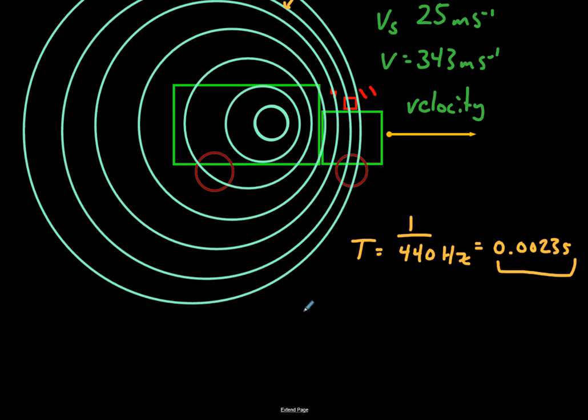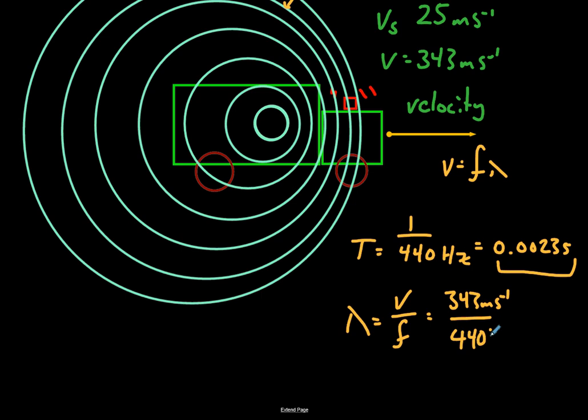So my wavelength then. If we know V equals F lambda, my wavelength should be equal to velocity divided by my frequency. So this is the velocity of the wave in air, 343 meters per second, divided by the 440 hertz.